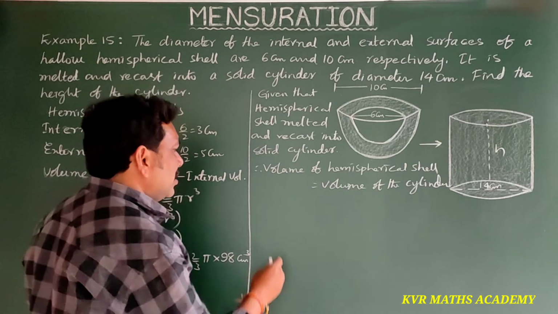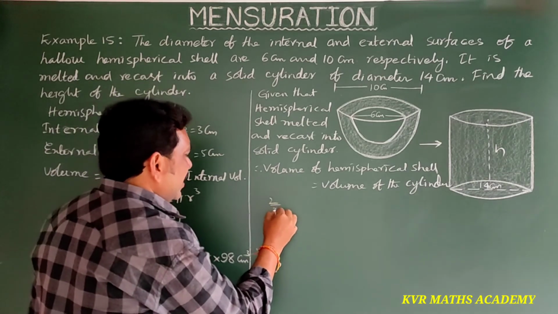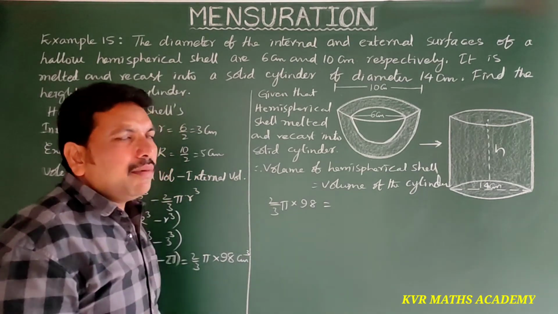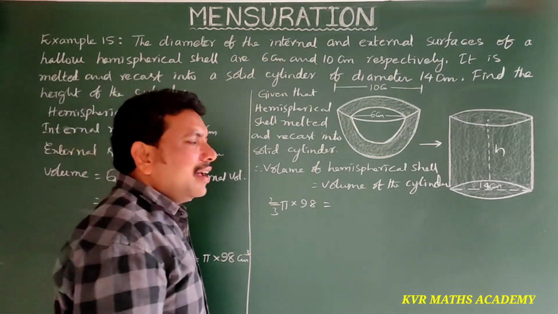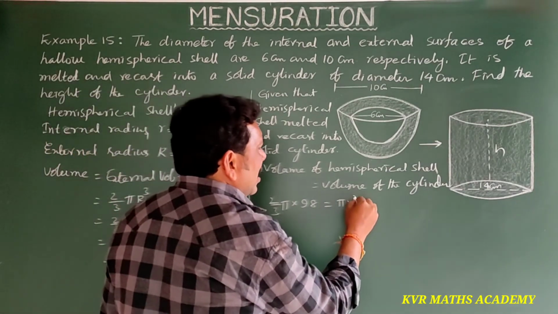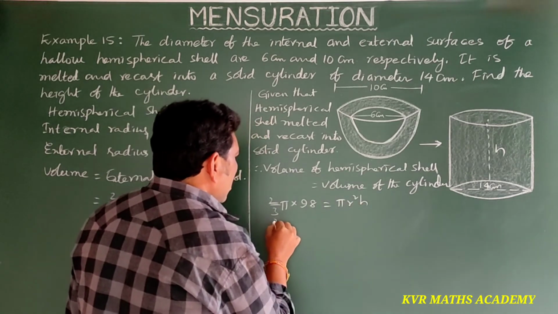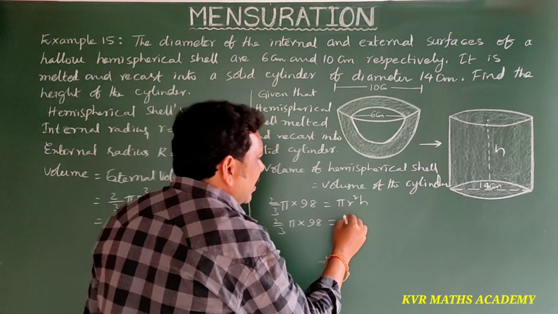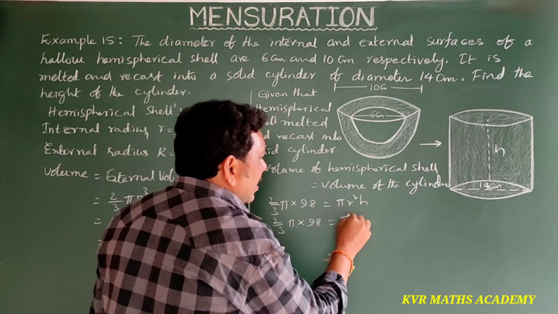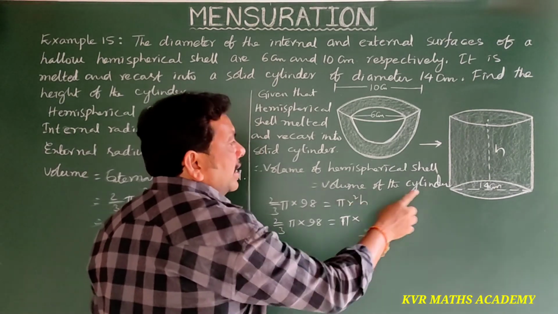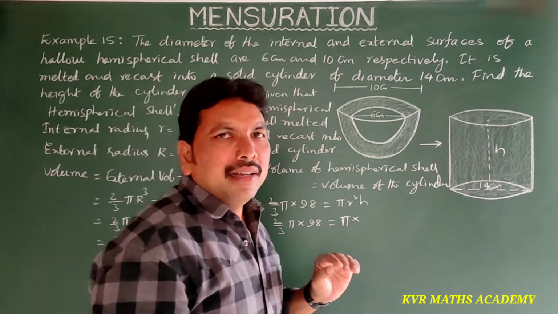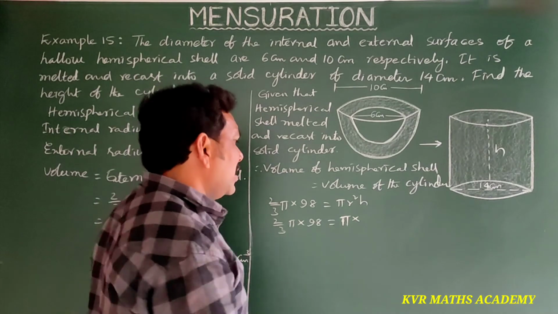Volume of the hemispherical shell, how much? Yes, 2/3 pi into 98 is equal to the volume of the cylinder, which is pi r square h. So 2/3 pi into 98 is equal to pi into radius. The diameter is 14 centimeters, so the radius is 7 centimeters.